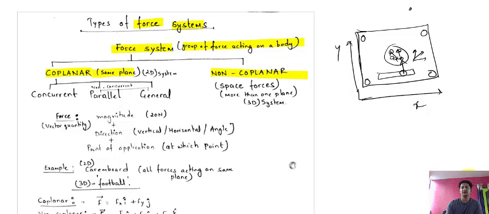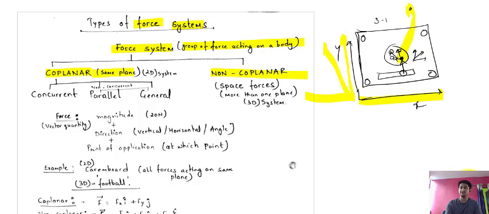In that case, the coin will have an x coordinate, a y coordinate, and also some height by which it flies out from the board. So it has a z coordinate also. In that case, the system will be 3D.